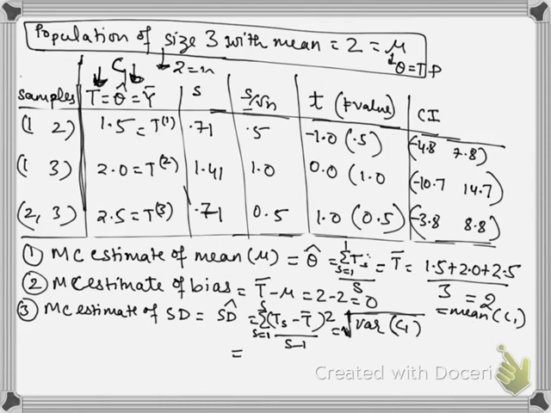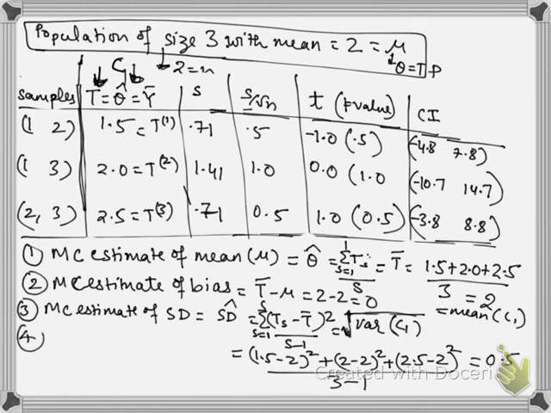So it's 1.5 minus 2 square plus 2 minus 2 square plus 2.5 minus 2 squared over 3 minus 1, which is 0.5.